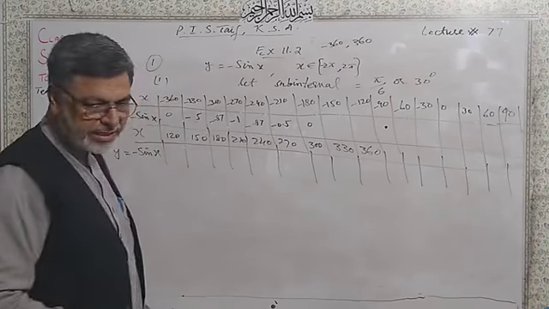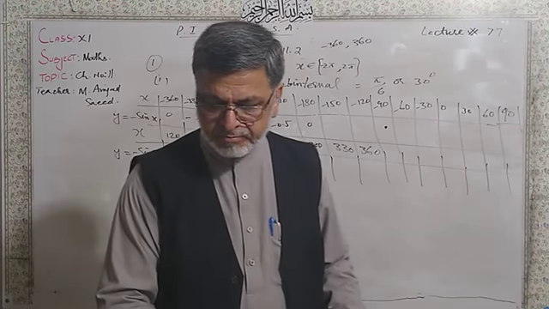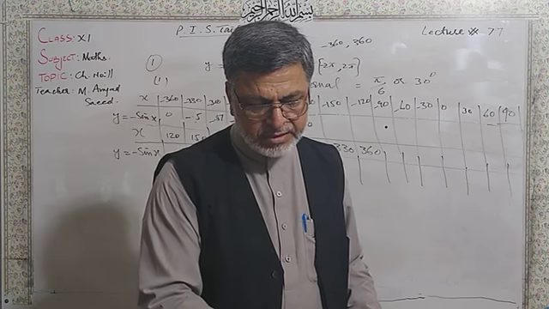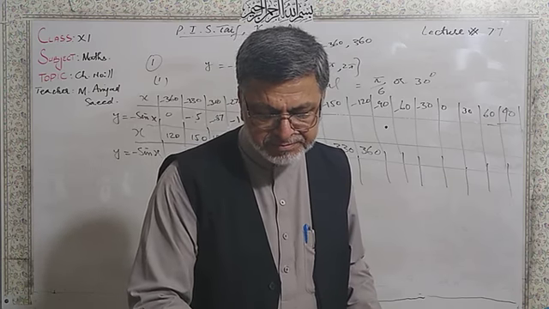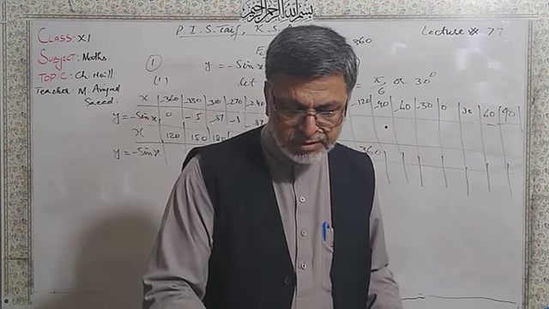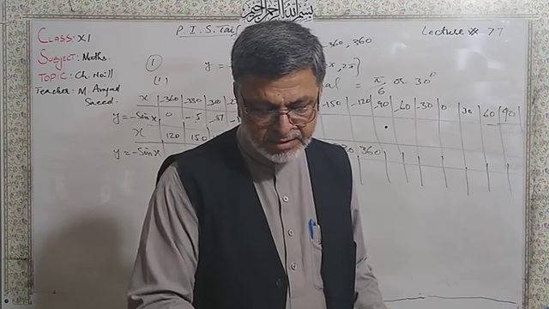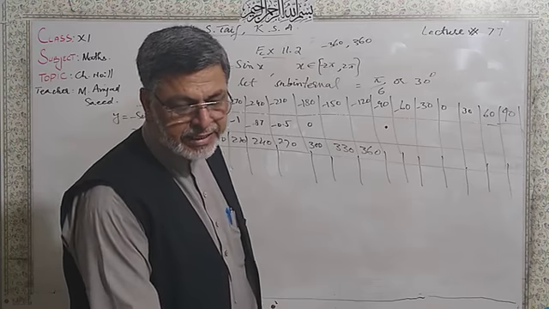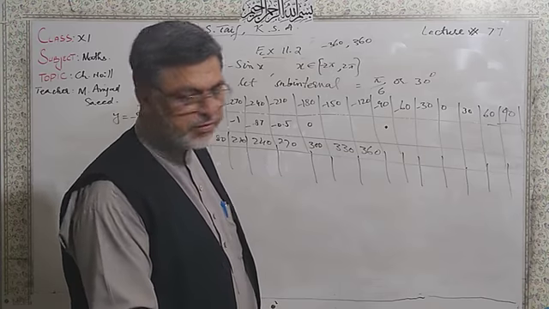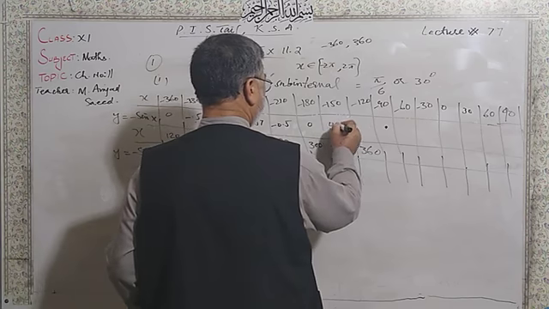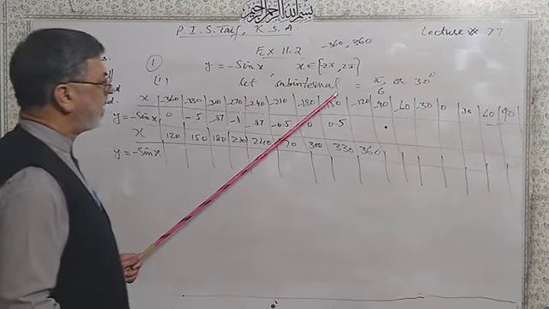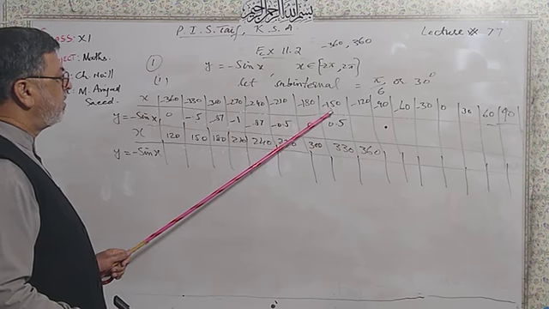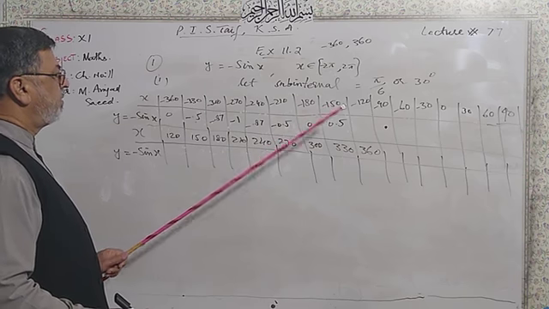Sine minus 150. Dear students, yes, sine minus 180 is 0, sine minus 150 is 0.5 because it is in second quadrant, and second quadrant is always positive.